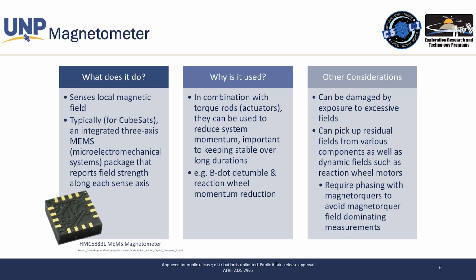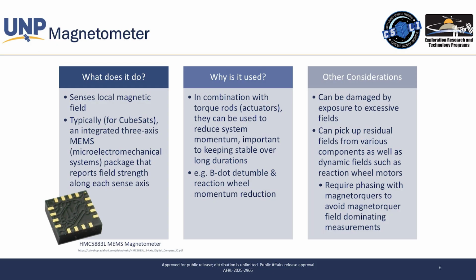We use this a lot on CubeSats, and we use this a lot for low Earth orbit because in combination with torque rods, which are your actuators, you can reduce the momentum in your system, which is an important thing, and that helps you essentially perpetually stay stable in your system. These are your key sensor when you're doing your detumble maneuvers. So when you're running B dot, this is literally measuring B, the magnetic field. And so you're pushing against those things.